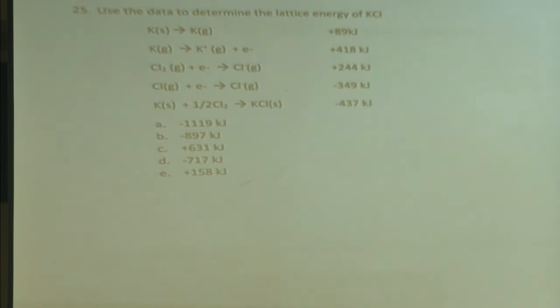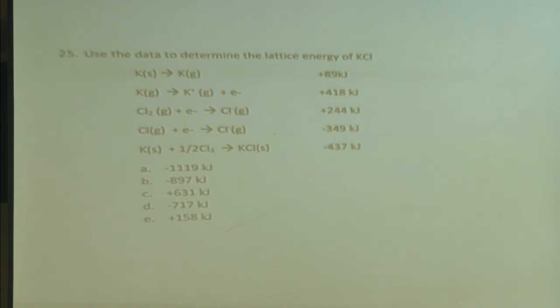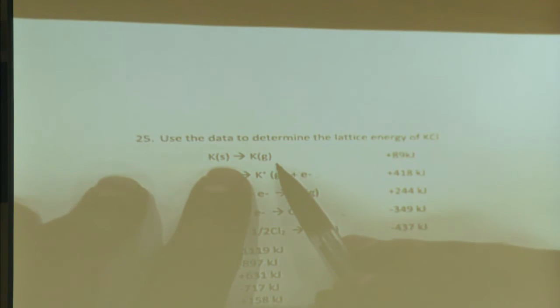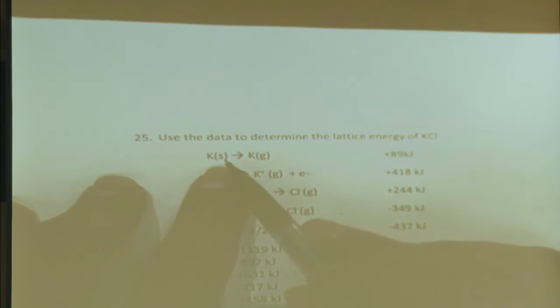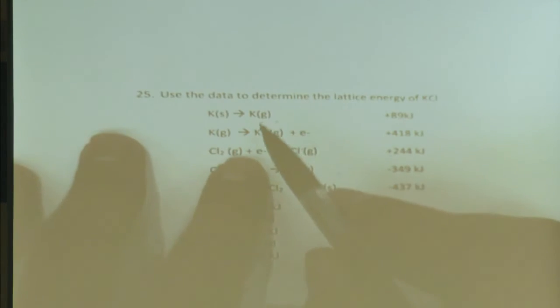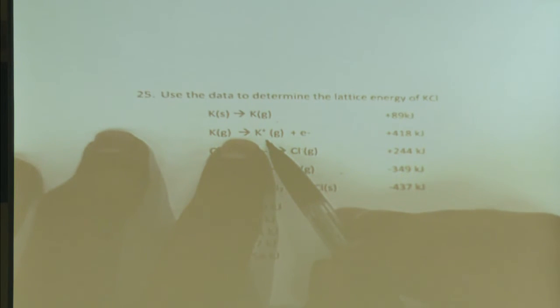What step is this right here? Let's just talk about them. Sublimation, right? We're going from solid to gas. What step is this? The other one, not electron affinity. Yeah, this is ionization energy.